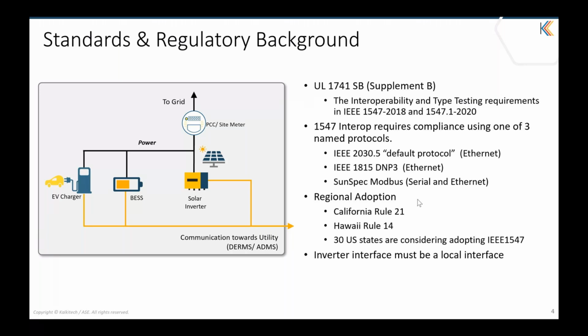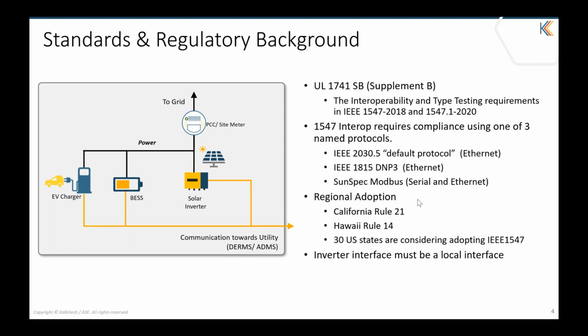You can see that 1547 defines 3 protocols: IEEE 2030.5, which is the default protocol, IEEE 1815, which is the DNP3 standard, and the third option is SunSpec Modbus.